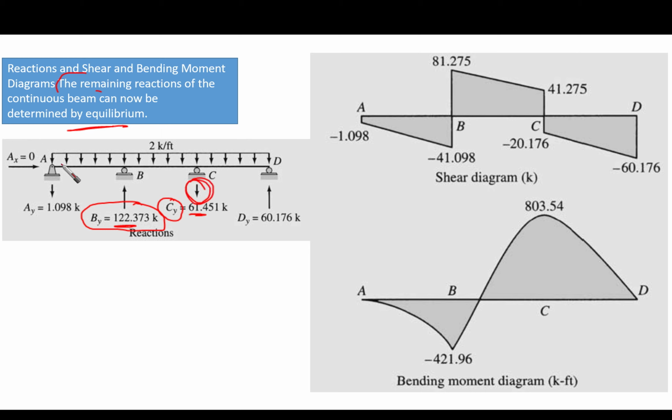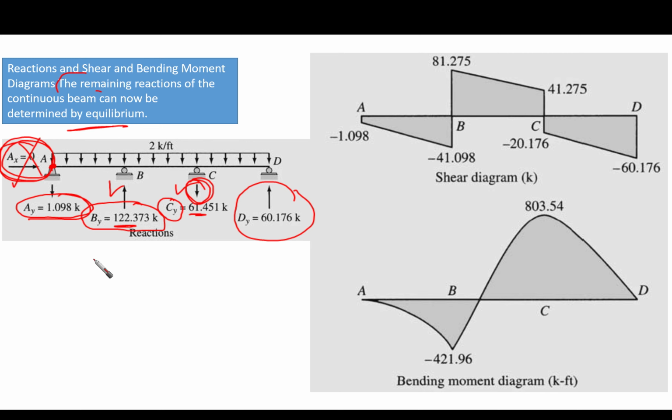For the reactions at A and D, we obtain them by summation. You can take the moment here. You know this reaction and that reaction, then you can obtain DY, and then summation of Y equals 0 gives you AY. Summation of X equals 0: we do not have any external horizontal loads or reactions, so AX is going to be 0.